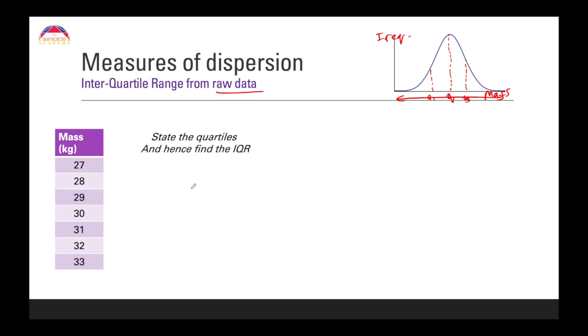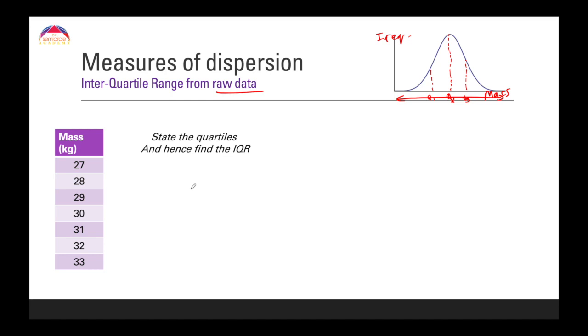So the first thing I want to do is state the quartiles. So I have the quartiles Q1, Q2, and Q3. So I want to state the quartiles, and hence I want to find the interquartile range. Now, in terms of CSEC, there is no special formula to do this. You literally just have to eyeball this.